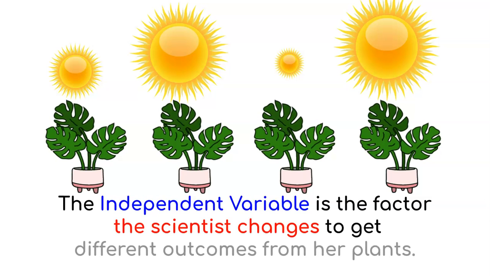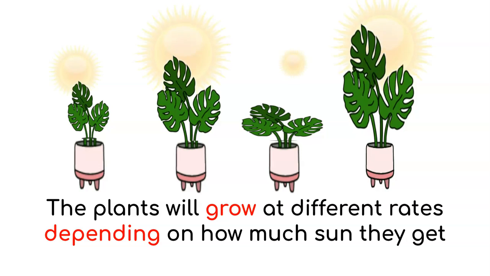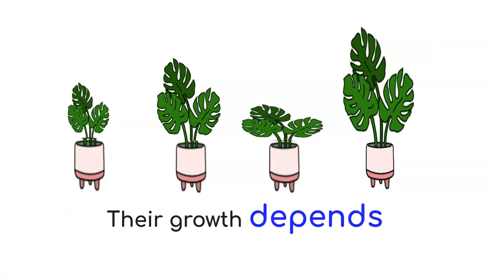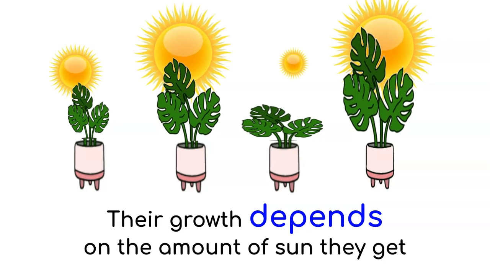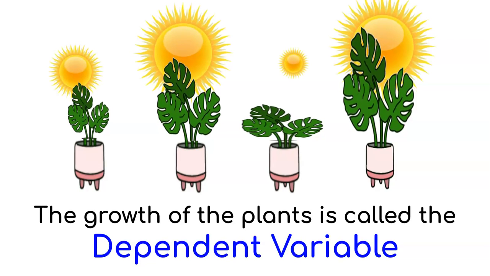The independent variable is the factor the scientist changes to get different outcomes from her plants. The plants will grow at different rates depending on how much sun they get. Their growth depends on the amount of sun that they get. The growth of the plants is called the dependent variable.